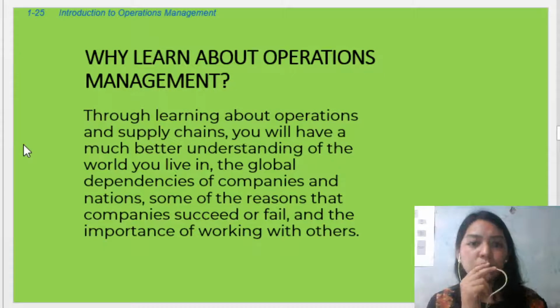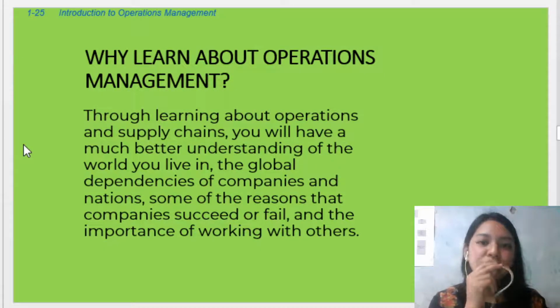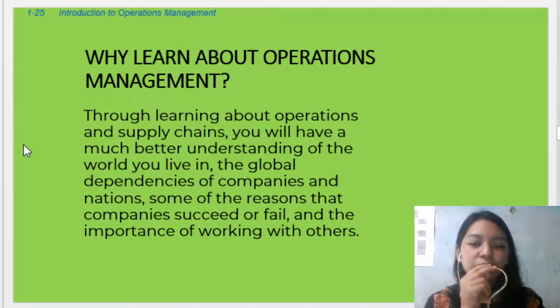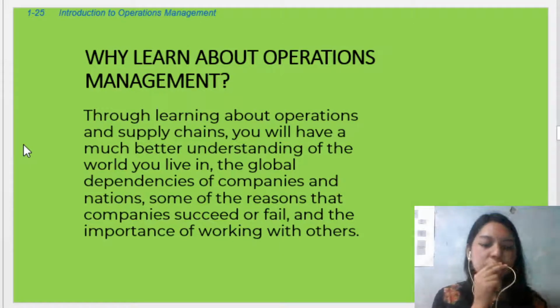And of course, when you are already in that job, for example in finance or in marketing, those elements are interconnected. If you are in finance, you need to have knowledge in marketing and in operations, especially operations. Same as if you're in marketing, you need to have knowledge or information on finance and operations.